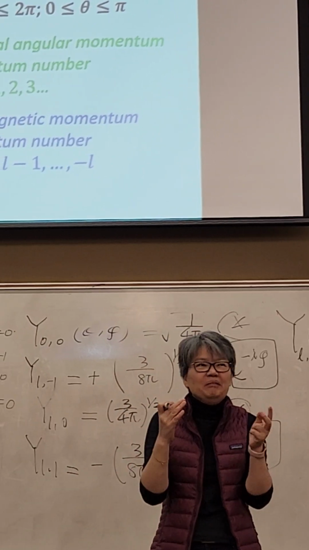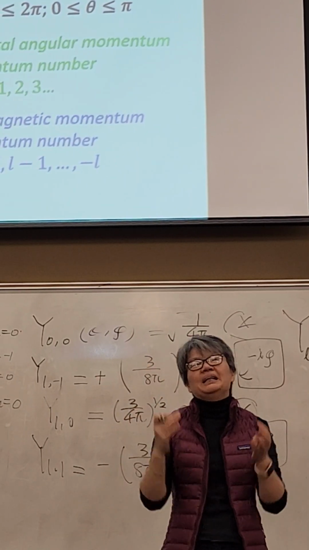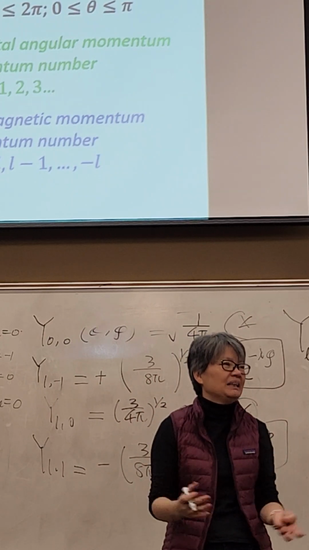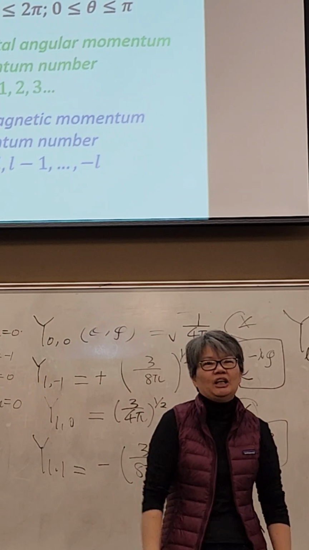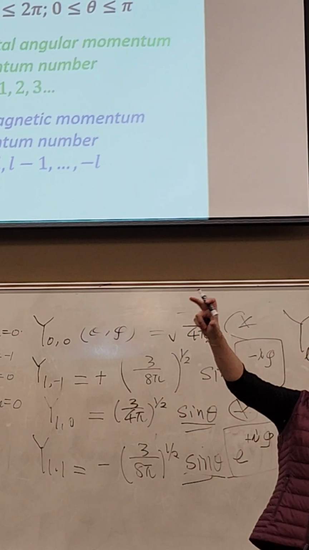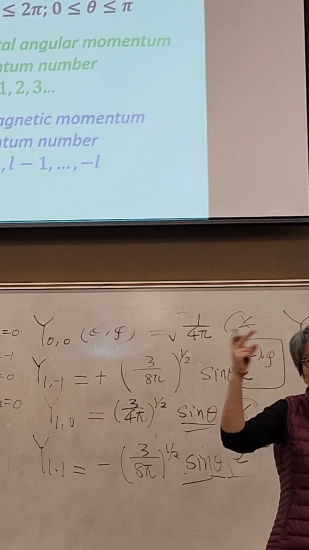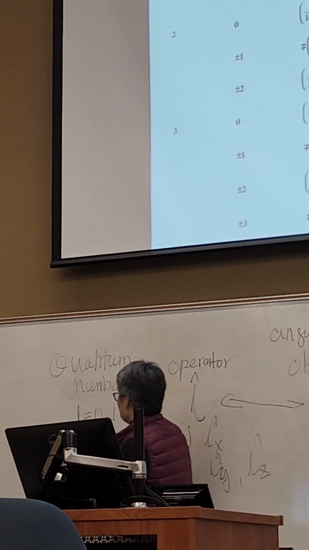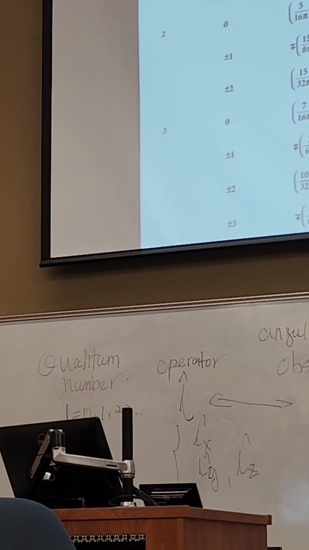One more thing and I'll be done, I promise, to move on from this slide. Now, what if I have a quantum number for the angular momentum in one of the axes? We're interested in the total and one of the components. Traditionally, don't ask me, we're interested in the z-axis.